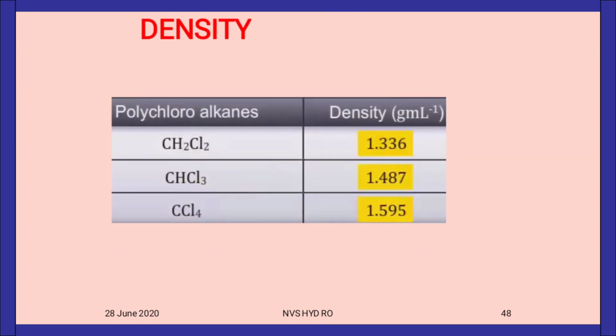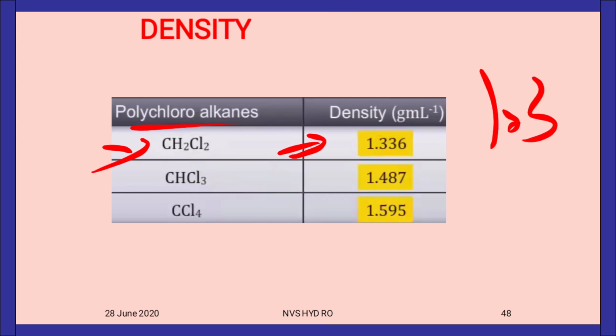Talking about density, you can clearly see here that polychloroalkanes, that is CH2Cl2, its density is 1.336, and CHCl3 its density was 1.4.